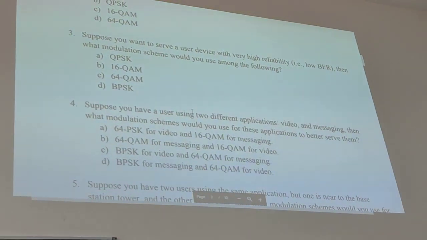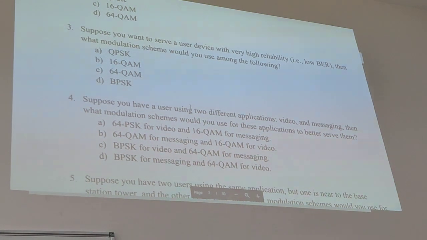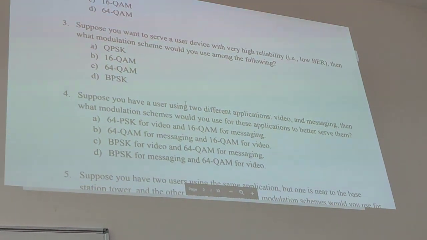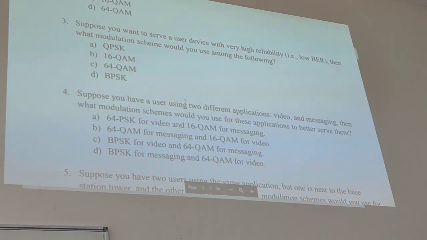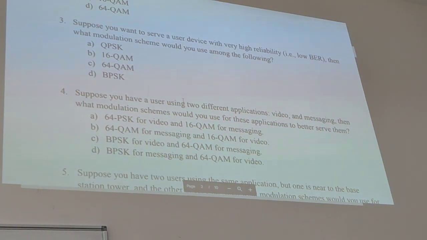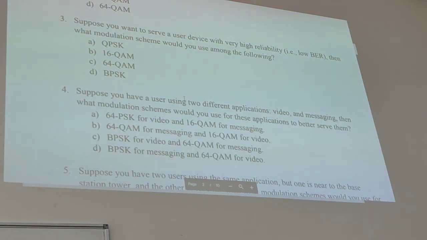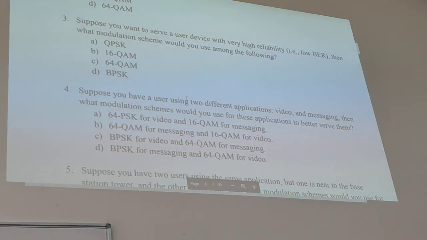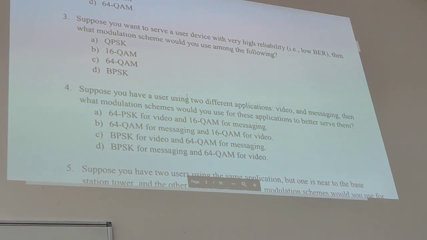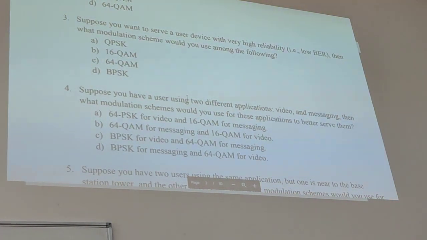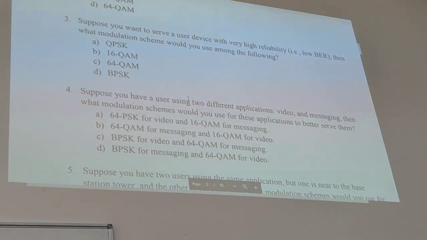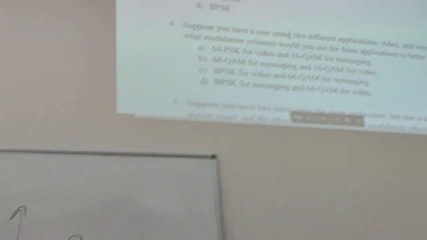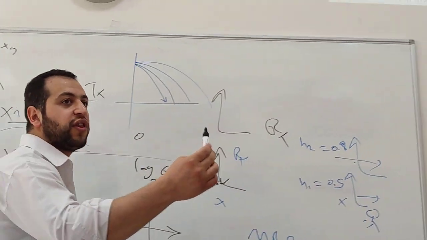So question 4: suppose you have a user using 2 different applications, video and messaging. Then what modulation schemes would you use for these applications to better serve the user? Let's imagine the situation together.